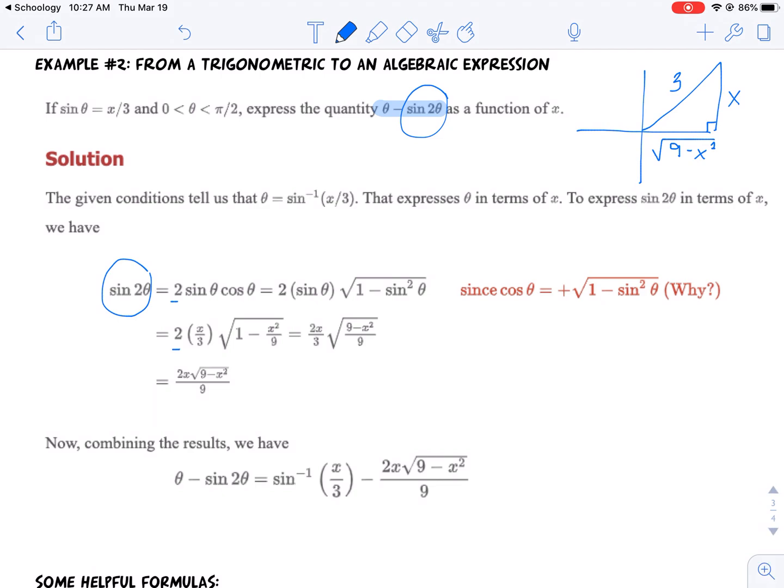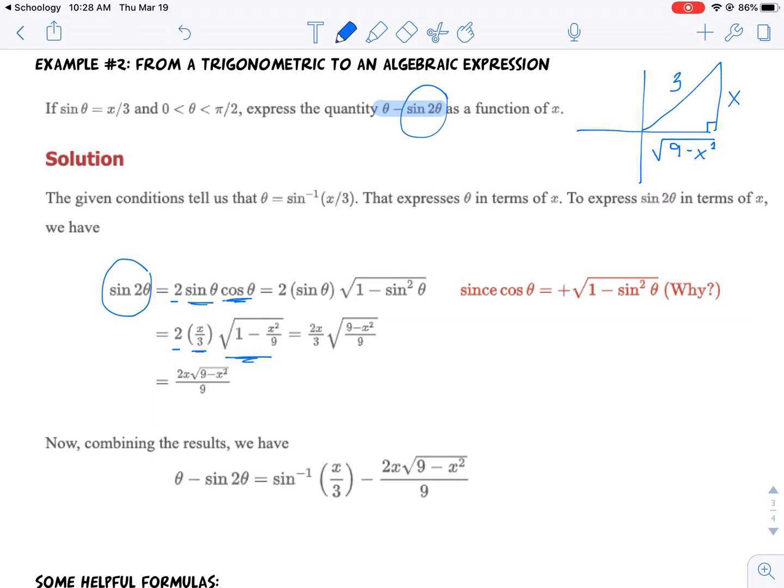My sine is x over 3. My cosine is the square root of 1 minus x squared over 9. Or I'm okay with you writing it as the square root of 9 minus x squared over 3. Okay, it's the same thing, just representing each element in sine 2 theta.